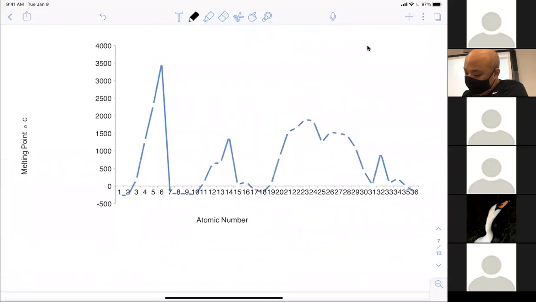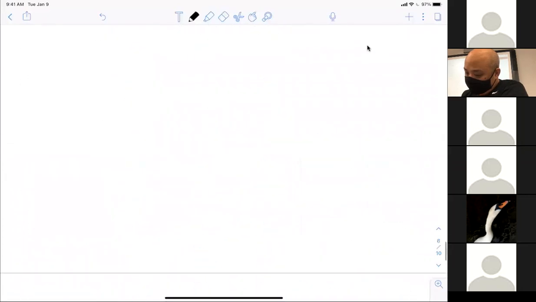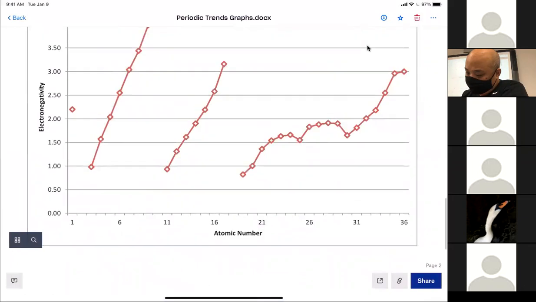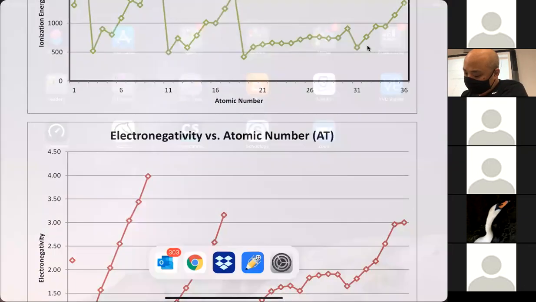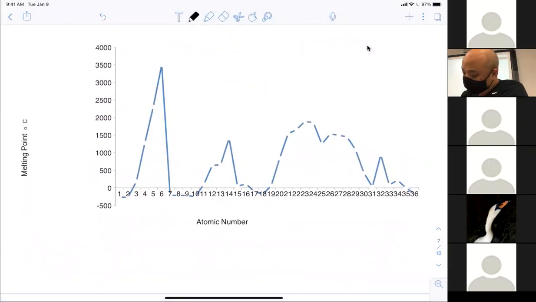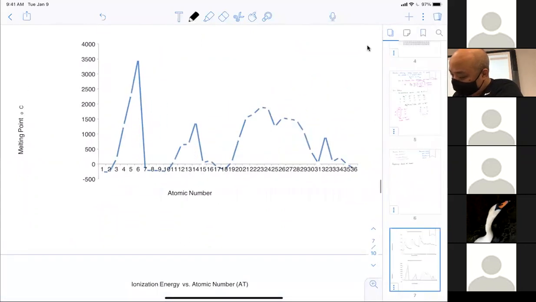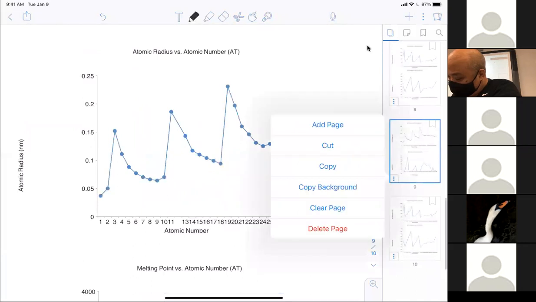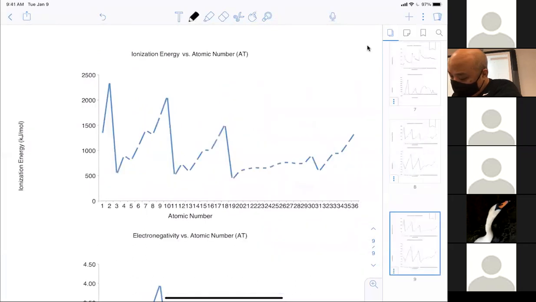Wait, did I add both pages? It didn't add both pages. That's weird. Oh, wait, no, yeah, it did. It's just not scrolling down, I guess. Oh, it added it twice because I'm so smart. Actually, wait, hold on.